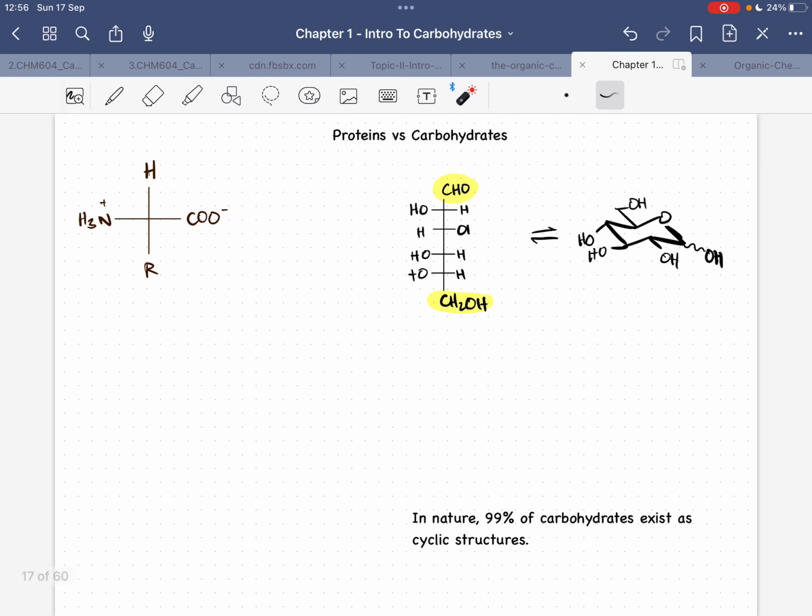So here, proteins versus carbohydrates. Ang proteins is composed of monomers called amino acids, ba? Ang amino acid na siya inaning general formula, amino acid. And also carbohydrates, ang iyang monomer is the monosaccharide. Ang amino acid naa siya negatively charged N here and naa siya positively charged N. This one.